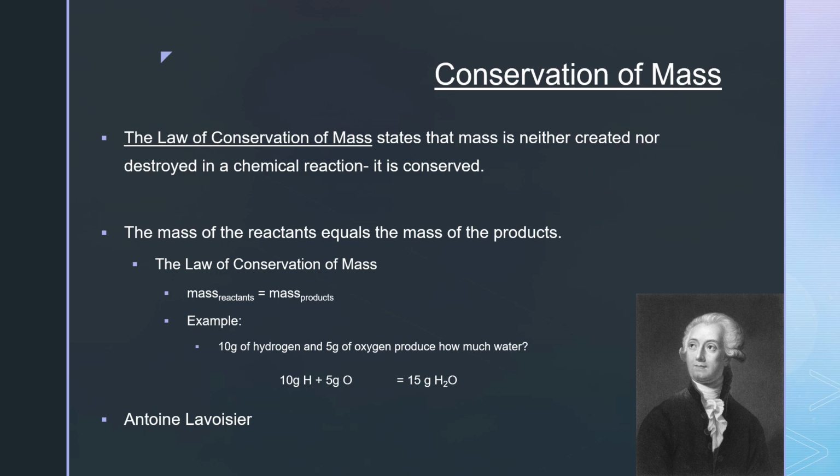The last thing on here is Antoine Lavoisier, who's pictured on the right side of your screen. He was a French chemist, and he's one of the founders of this law of conservation of mass. Basically, in his experiment he was combining two things, and he kept getting a mass that was less than what he started with. He had no idea what was going on.